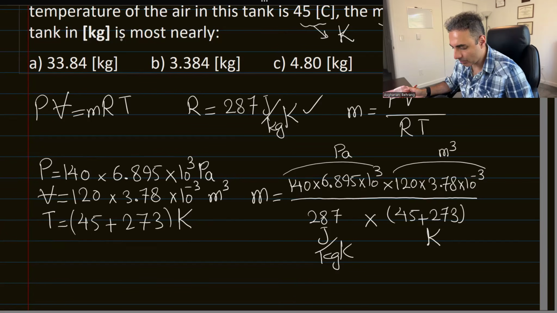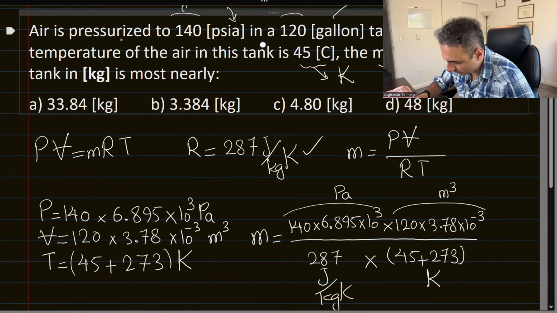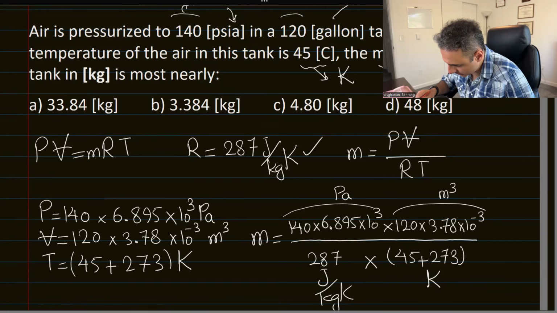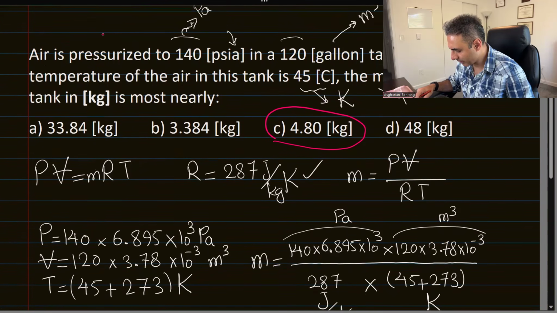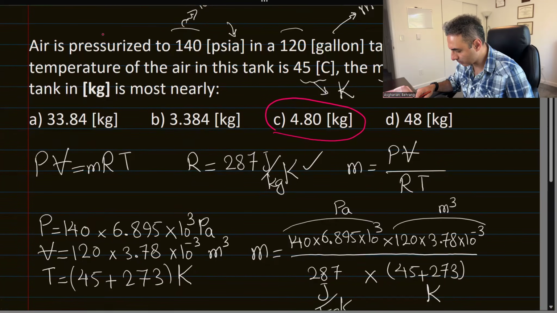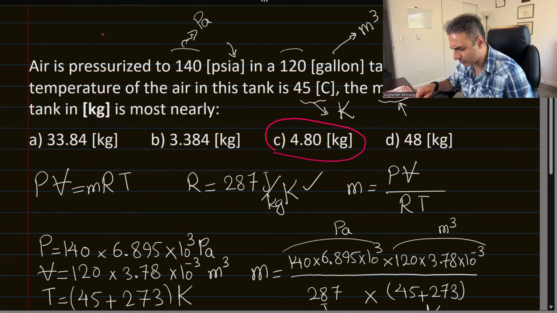Okay, let's say you paused the video and did the calculation, and the answer you get will be this number. Seems like this one is the answer. But when you look at this whole thing, there are a couple of other numbers. There's 48 kilograms, which is incorrect.